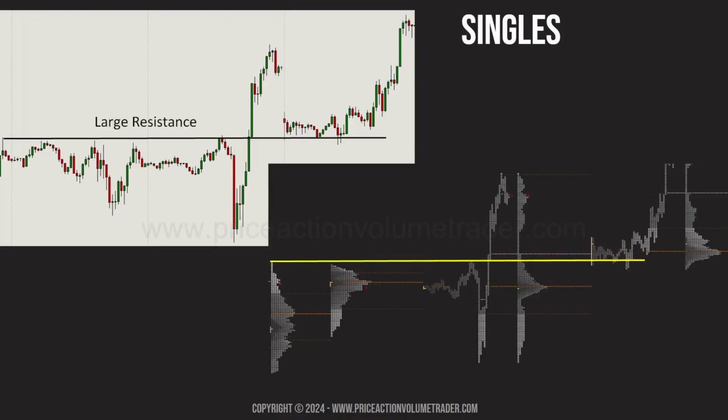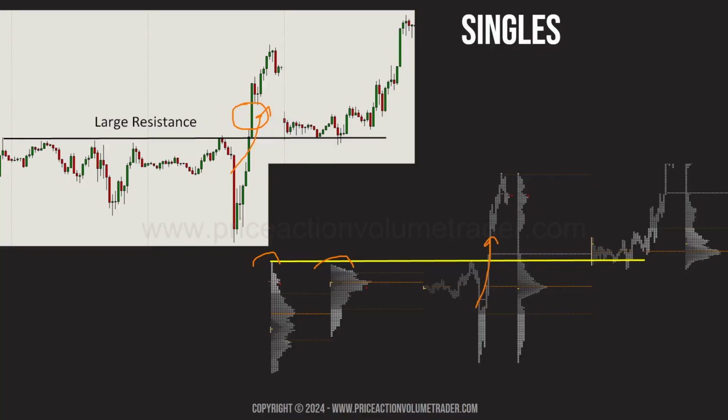Here's another example. We had this large resistance. You can see for 2 days, market failed to break above this line. Then here on this day, we had our break to the upside right here. We left singles at this level.